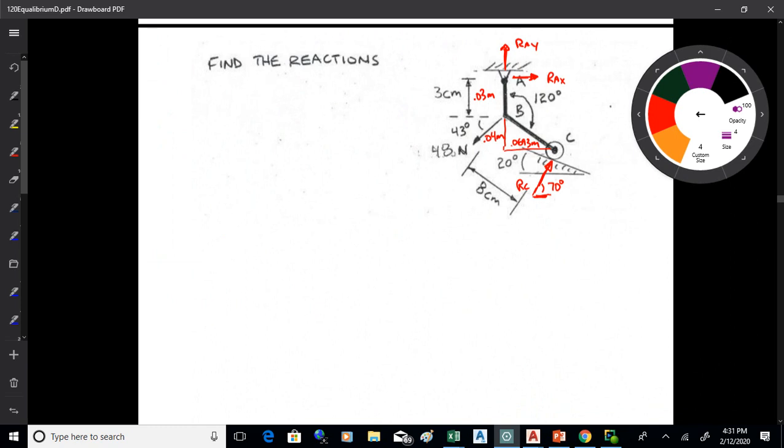It's just not working in this room so well, but there we go. So that's a 0.04 and a 0.0693. We've got the RC at 70 degrees. Do I do 0.04 plus 0.03? Yeah, I think you do, because we're taking moments about A is what we're doing. Okay? So we got sum of moments about A.